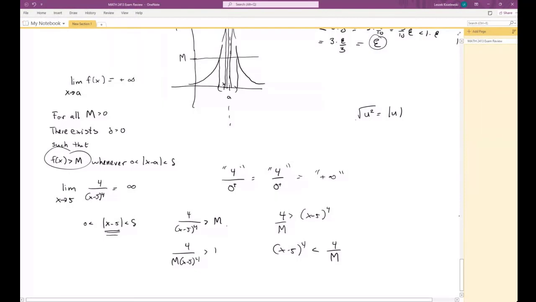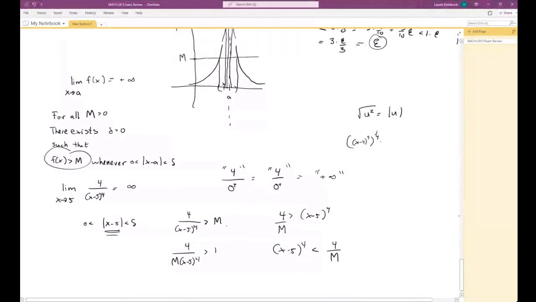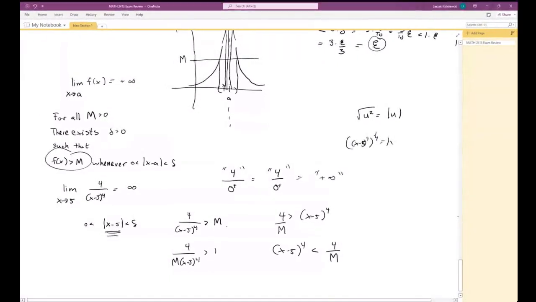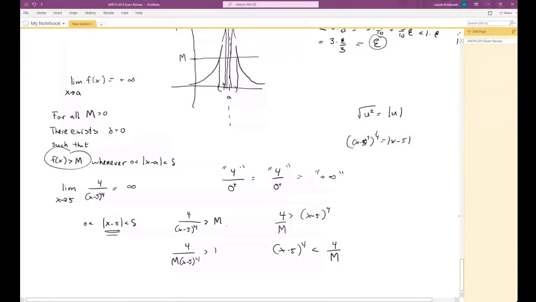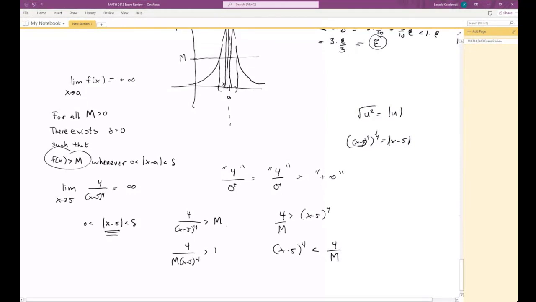And so likewise, if you have the fourth root of something to the power 4, you're going to get the absolute value of it, right? Because raising x minus 5 to the even power makes the result positive, so it didn't matter whether the original was positive or not. We didn't know, but the fourth root then is guaranteed to be non-negative, so we need to put an absolute value. All right. Anyway, so taking the fourth root of both sides.